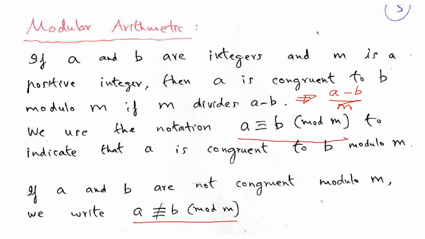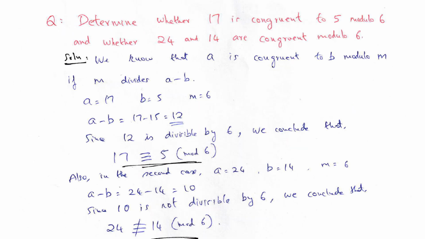Okay, we'll understand this with one problem. See the question here. Determine whether 17 is congruent to 5 modulo 6 and whether 24 and 14 are congruent modulo 6. That is two problems actually.